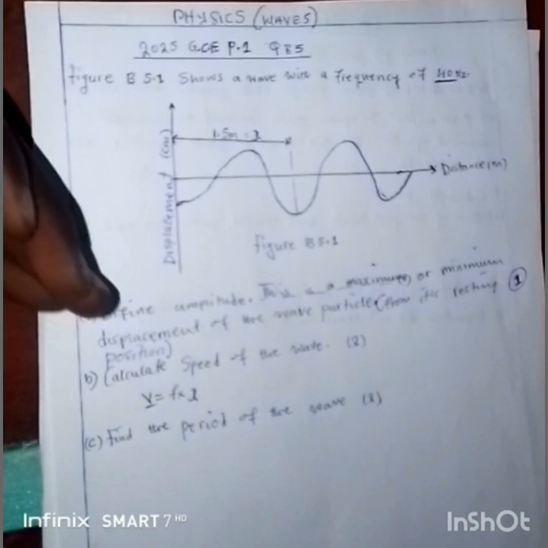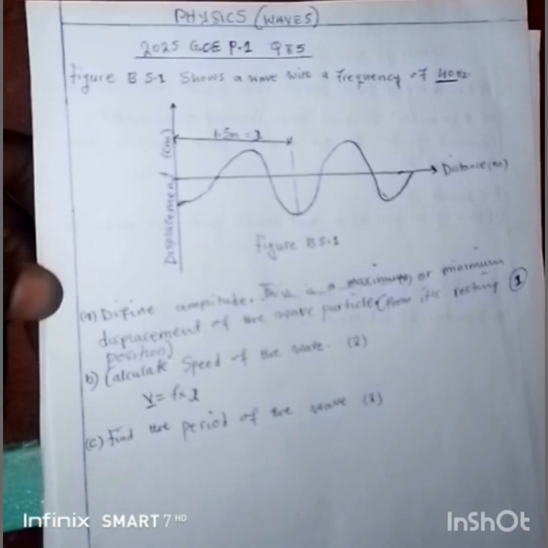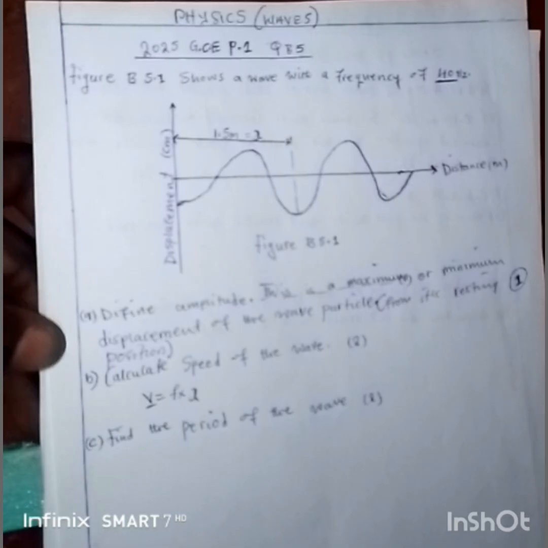When we talk about amplitude, this is one of the general terms used under the general properties of waves. So you have to know those terms which are used. It can be amplitude, frequency, period, or wavelength. All those you have to know, even their definitions as well as how to calculate them.